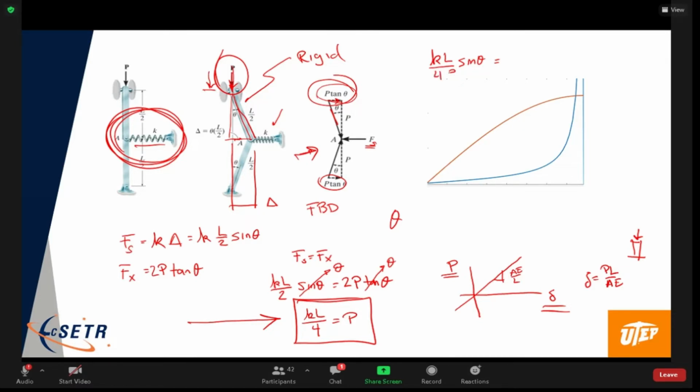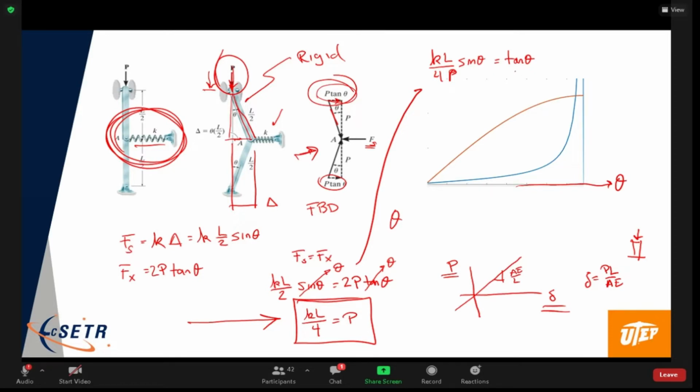So this equation, before I did the small angle, I'm going to write like this. I didn't do small angle yet, and I just divided by 2P, right? So if we put on the x-axis theta, okay.